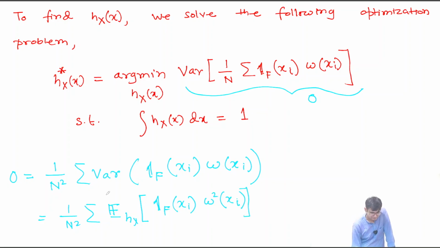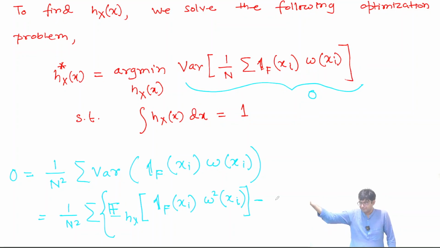What is the second term? Expectation of the total quantity whole square. What is expectation of the total quantity? It's an unbiased estimator. Therefore, expectation of the estimator is equal to PF. And the square of that, so it should be PF square. Everyone follows? In the last lecture, we discussed that for an estimator to be unbiased, expectation of the estimator should be equal to PF, the quantity you are trying to estimate, right?